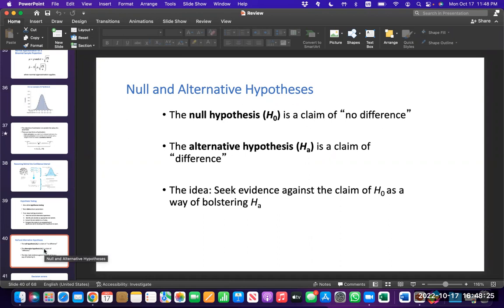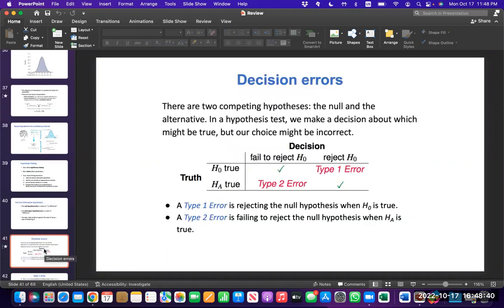So the null hypothesis is the claim of no difference, the alternative hypothesis is a claim of difference, and you're basically seeking evidence against the claim of the null hypothesis, a way of bolstering or supporting or corroborating the alternative hypothesis.